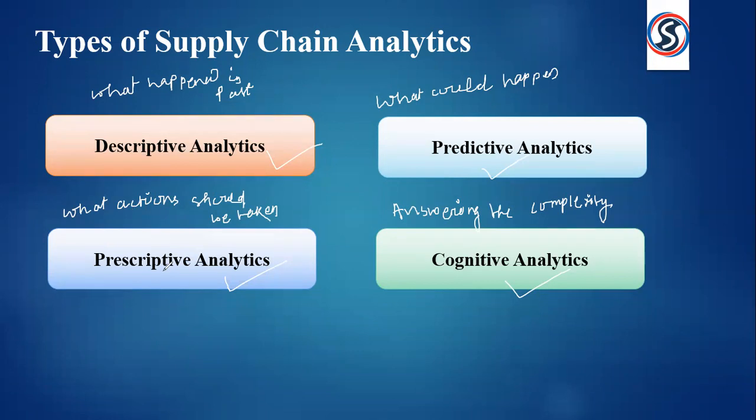Now coming to cognitive analytics. Cognitive analytics tries to replicate human thinking and behavior. As I told you, when it comes to answering difficult or complicated questions, it always helps organizations. These analytics are capable of understanding things like context when interpreting results.